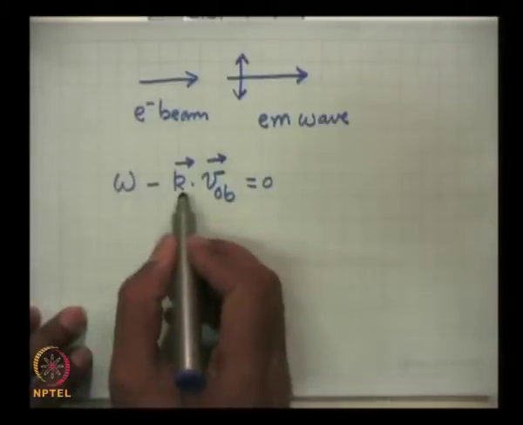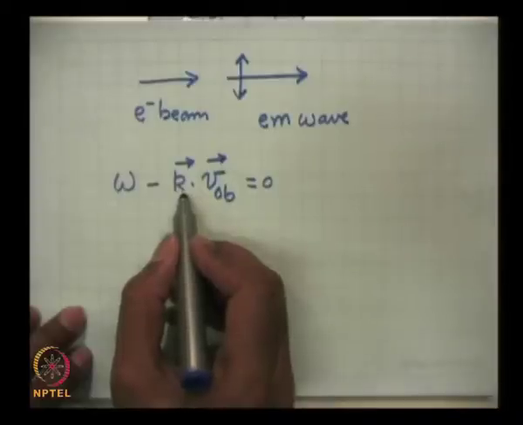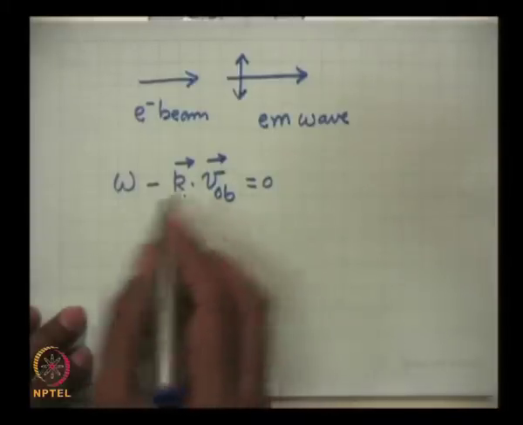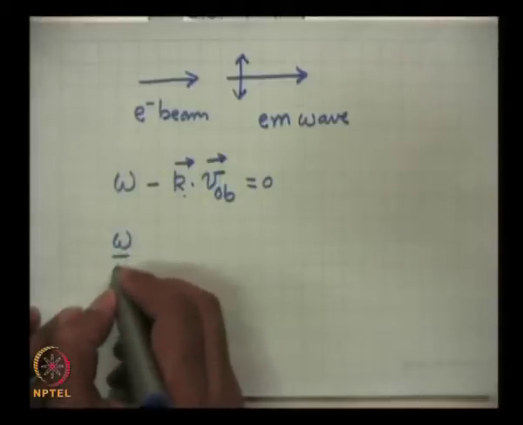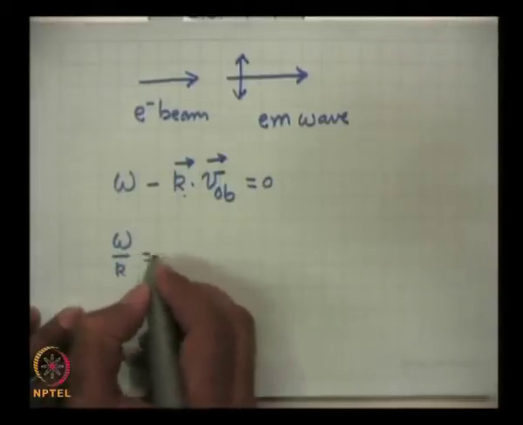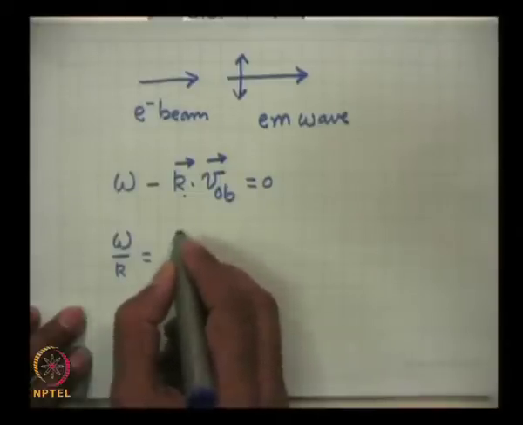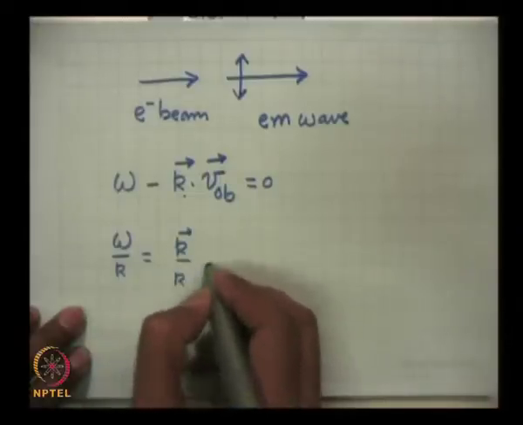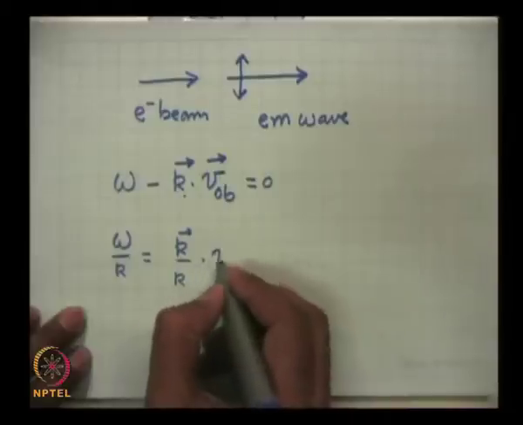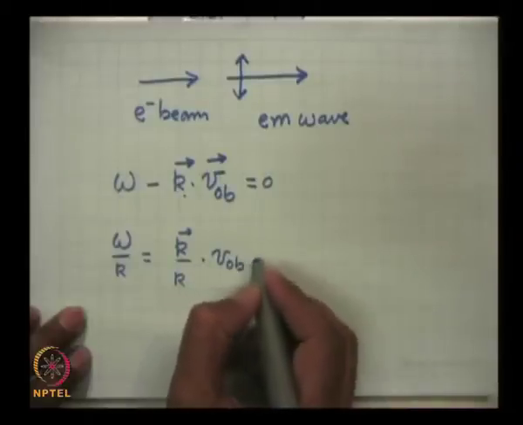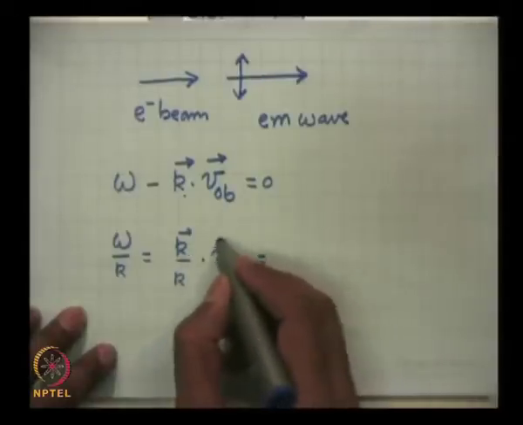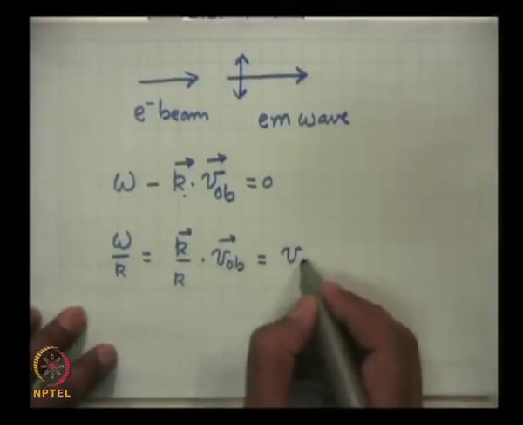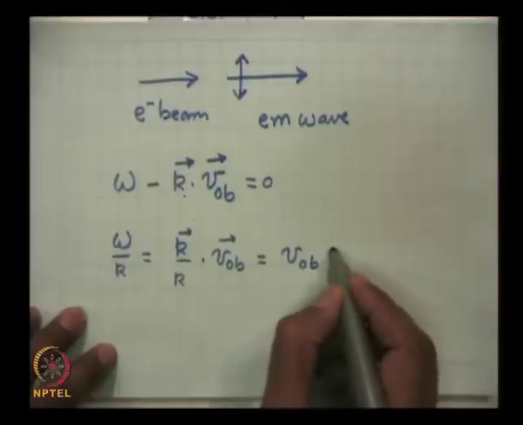Because in free space k is omega by c, if I divide this equation by the magnitude of k, this becomes omega by k has to be equal to k vector upon k magnitude dotted with V0b. So, if there is an angle theta between k and V0b, then this becomes V0b cos theta.